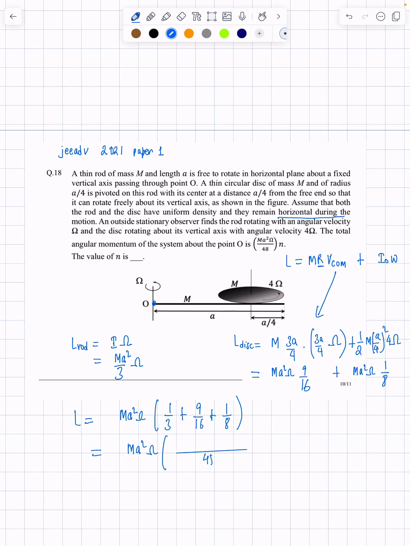The LCM is 48, 16, 27 plus 6, 33. So it is 49 over 48 ma square omega, and in this question they're asking for n, so only 49 is missing, so n is 49. That's the answer.